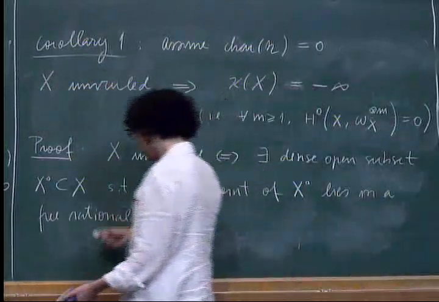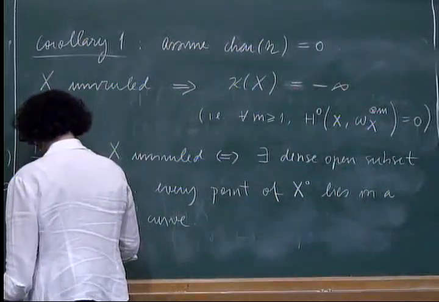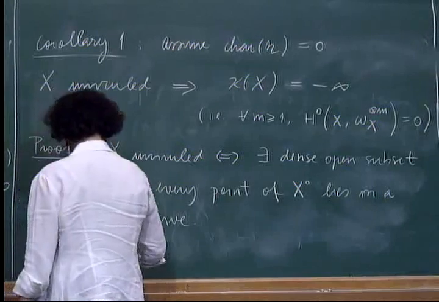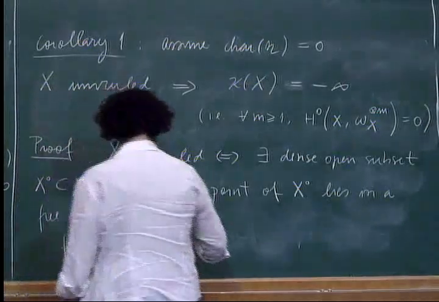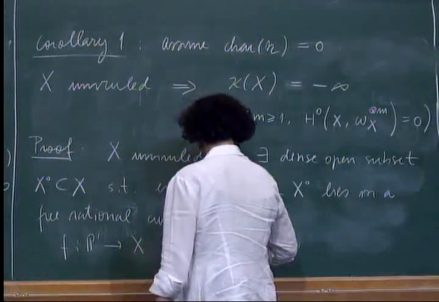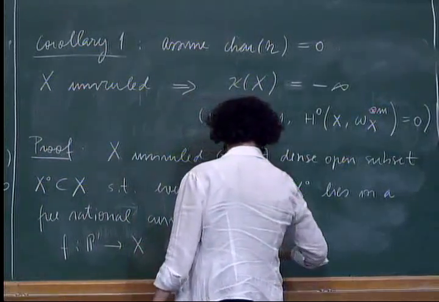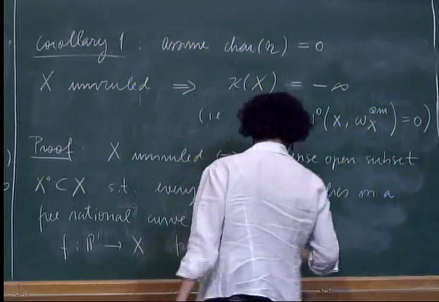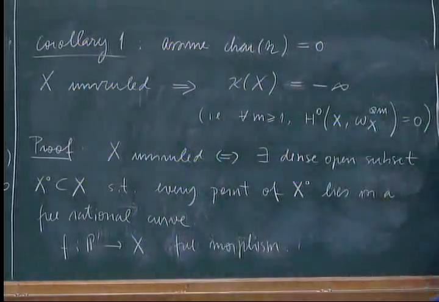So if we fix such a free curve f from P1 to X, free curve, free morphism, what we have is the following.